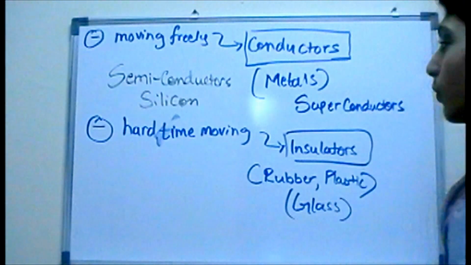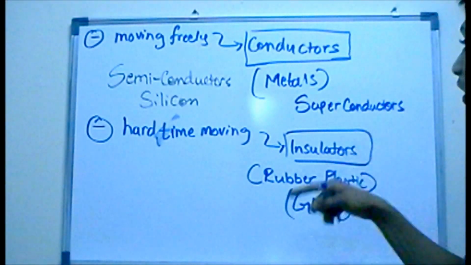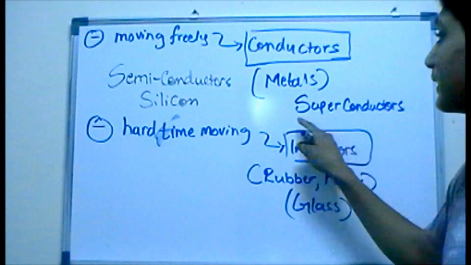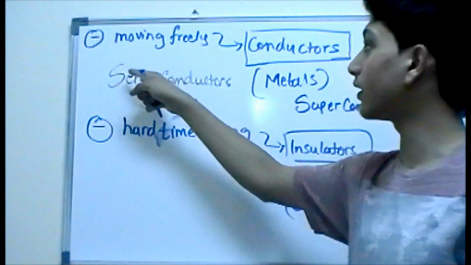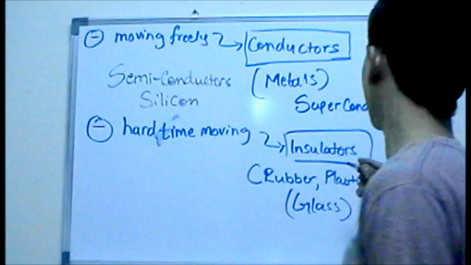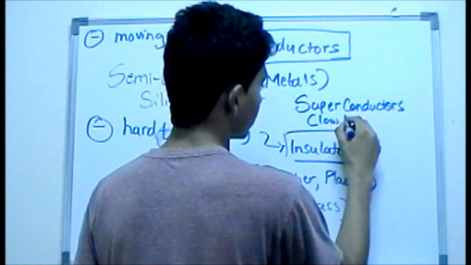It happens only when you put the substance into low temperature, that's when the outer layer of electrons moves freely. So it works at very low temperature.